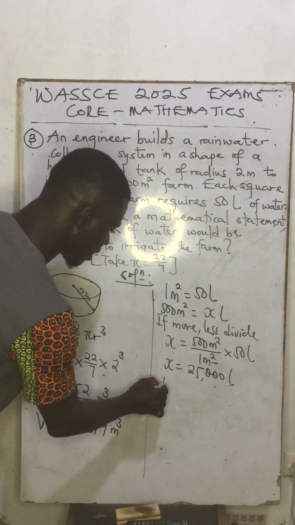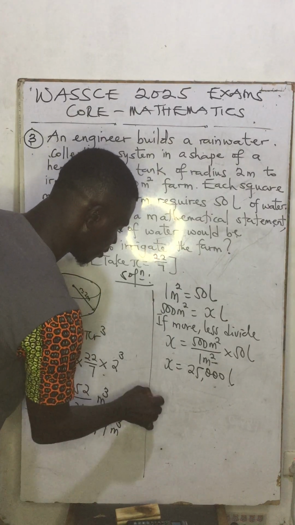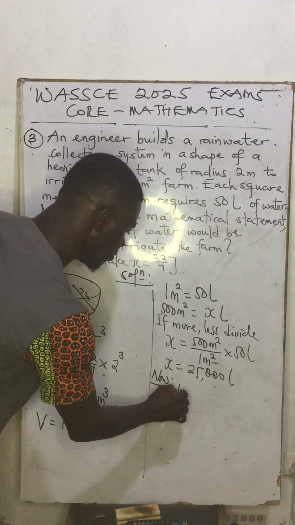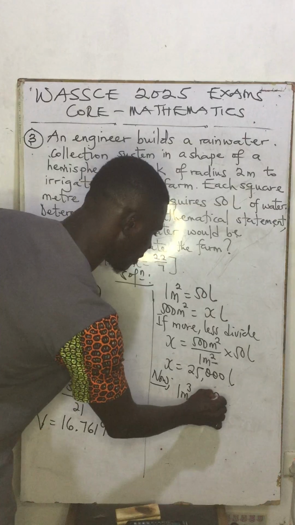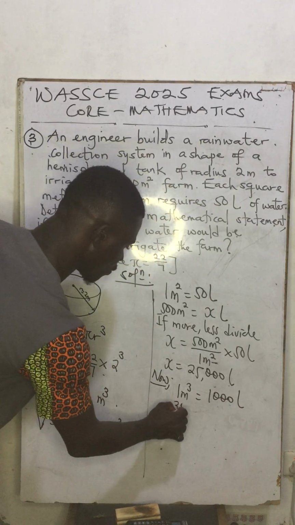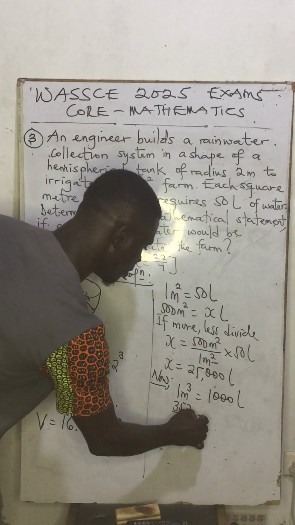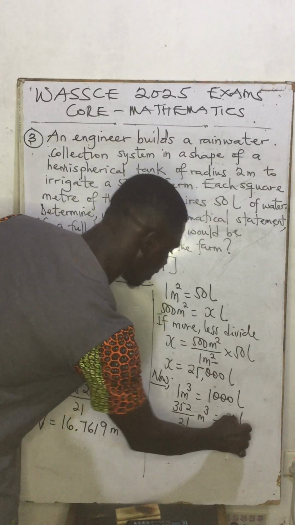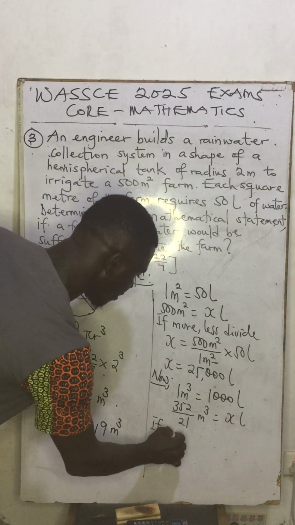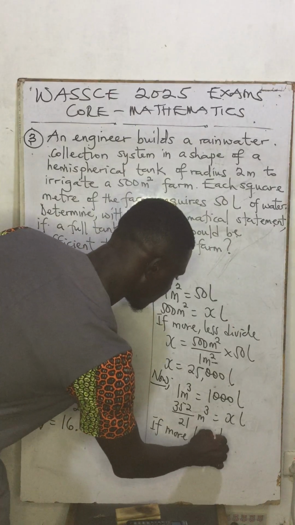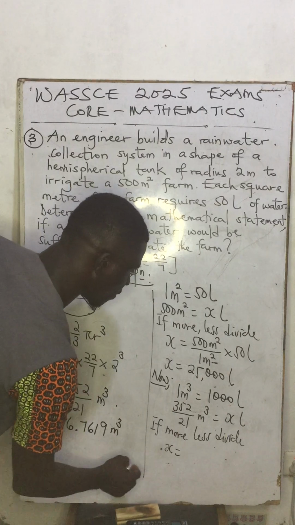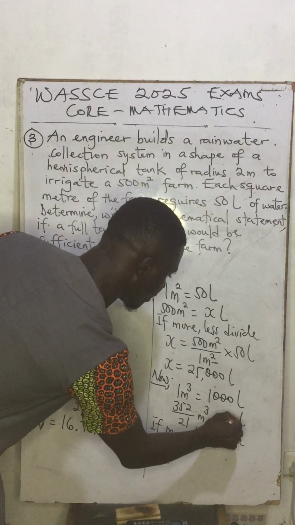Now don't forget, 1 meter cube is equal to 1000 liters. So 352 over 21 meter cube is equal to x liters. So if more, let's divide again. Let's change it to y.